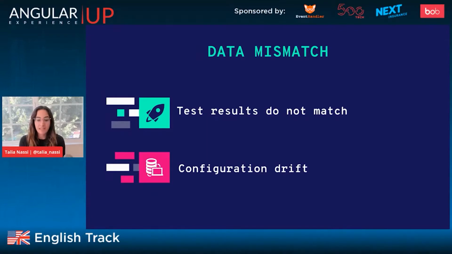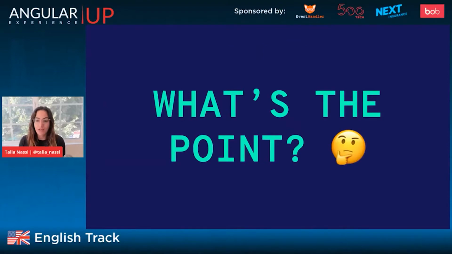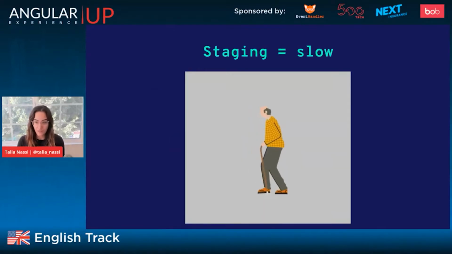So many times staging environments are not the same as production because of changes made during incident management. And this is called configuration drift. So I thought, what's the point of testing in staging if it's not going to give me the same test results as production?